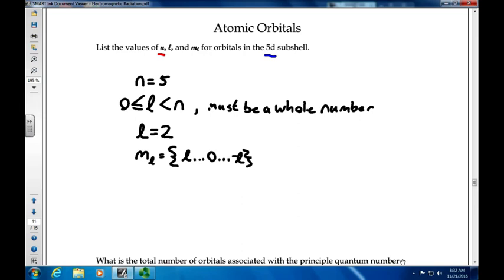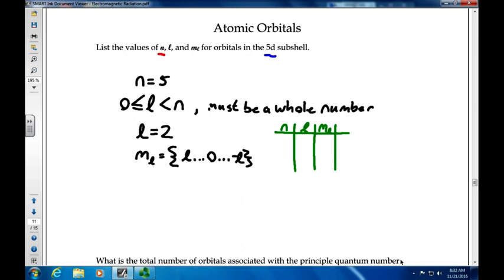Now that we have all the information we need, let's list out all the possible m sub l orbitals with their n and l. We could do a chart where we have n, l, and m sub l.